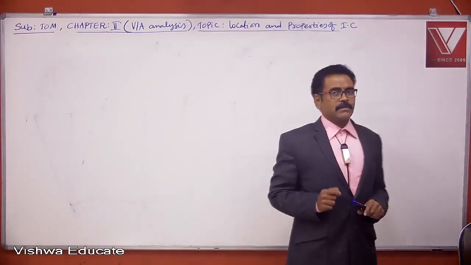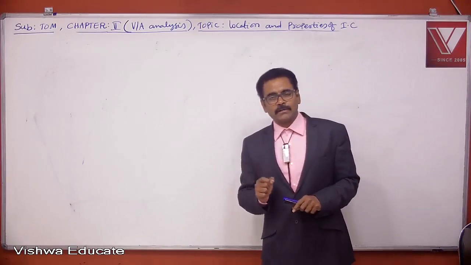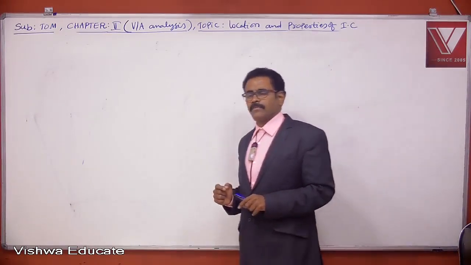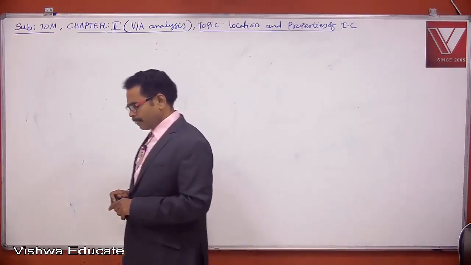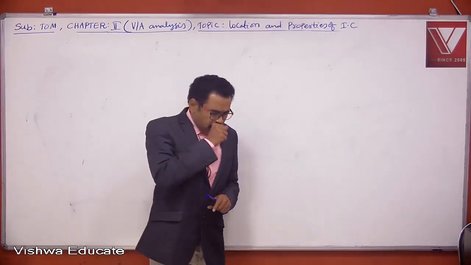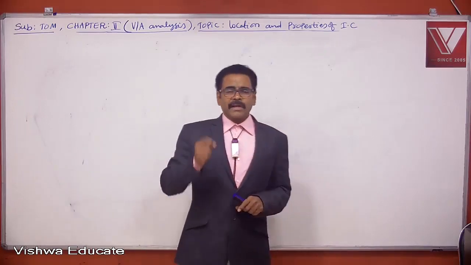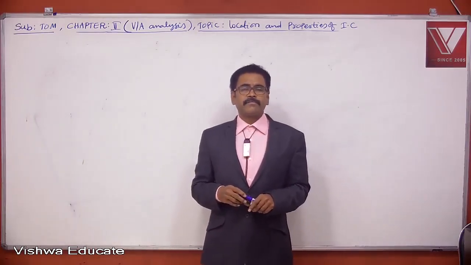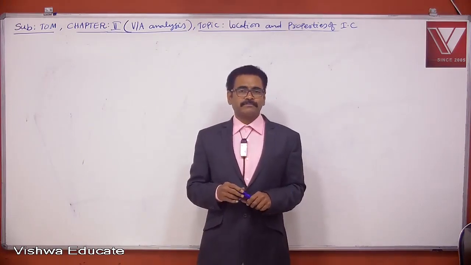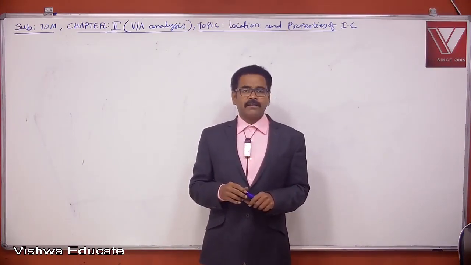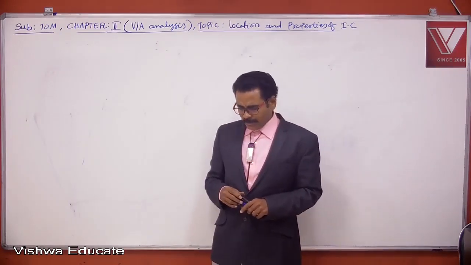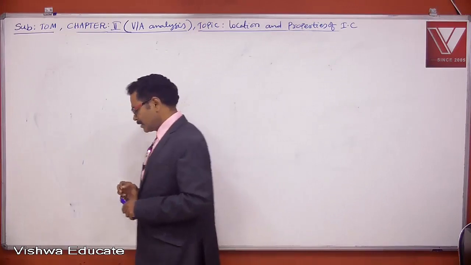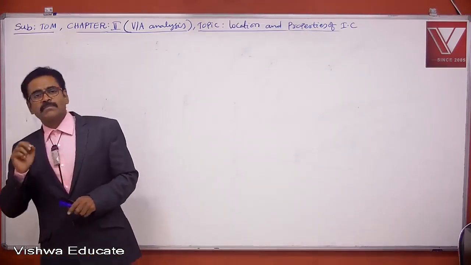This is the first point. Second point, for every pair of kinematic links, there shall be one IC.